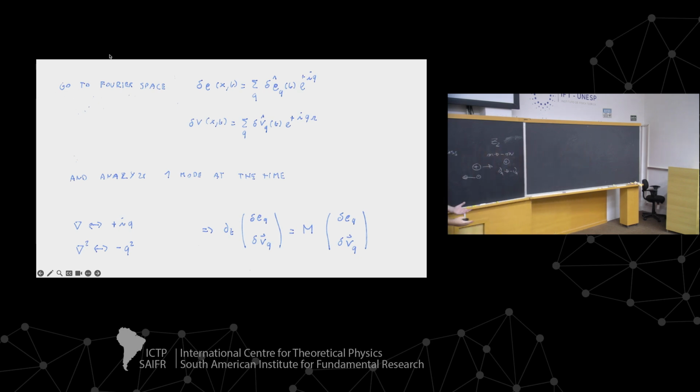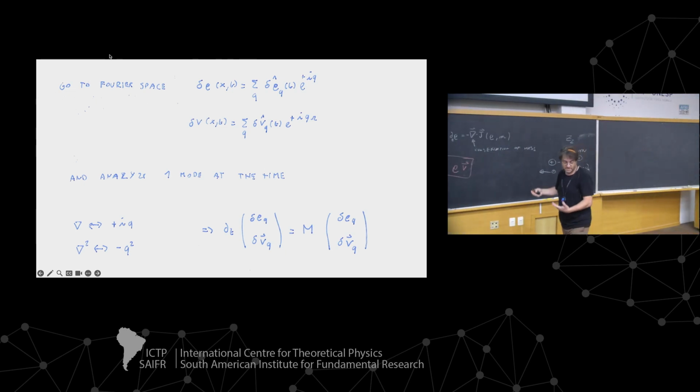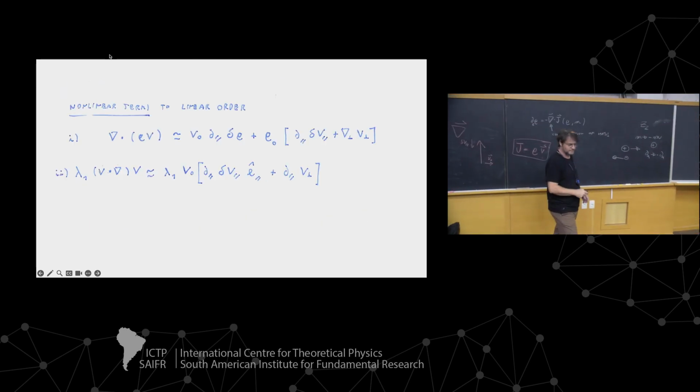And since you're linear, all these Fourier contributions decouple. So you look at one at a time. And you write an equation which is like this. It's linear. So it's a time derivative of a Fourier mode equal to some matrix for the Fourier modes. Very, very simple, okay? Use this fact that derivatives are multiplication by Q.